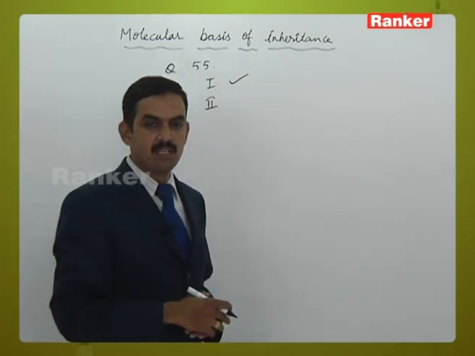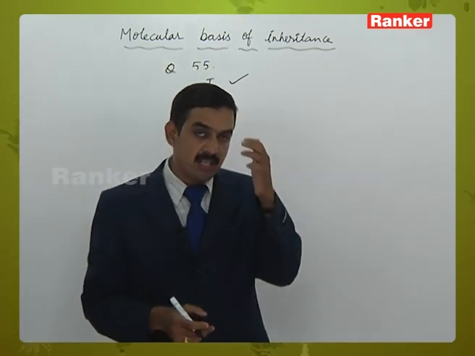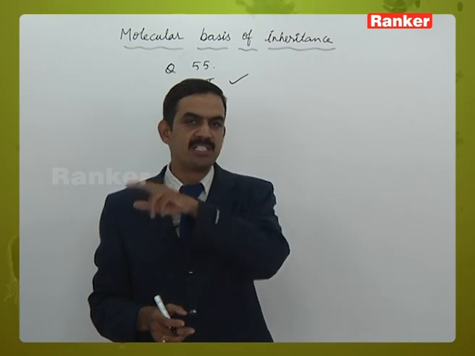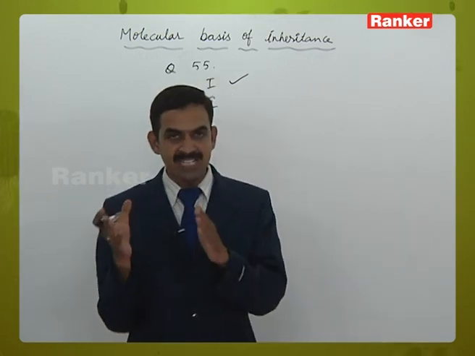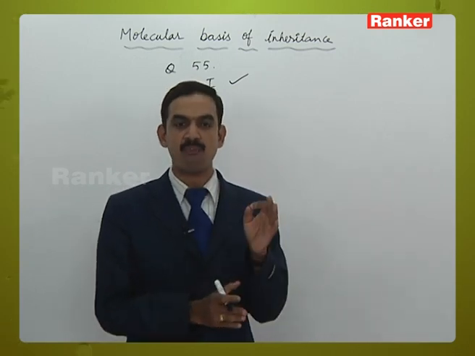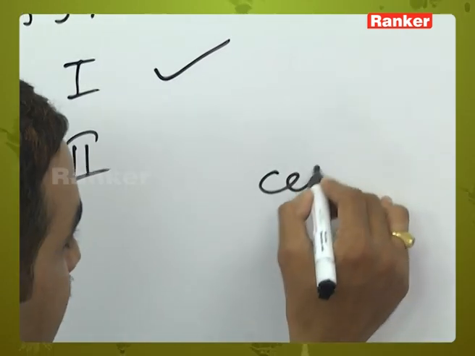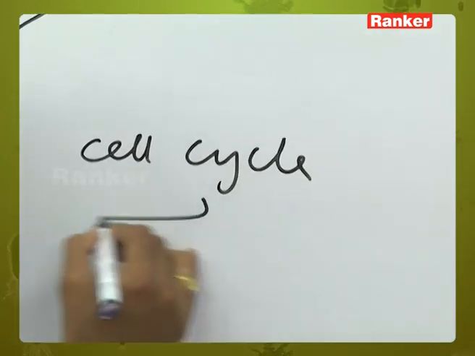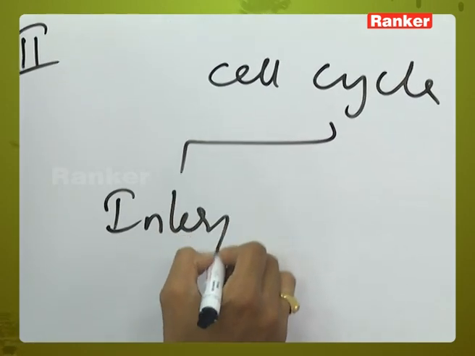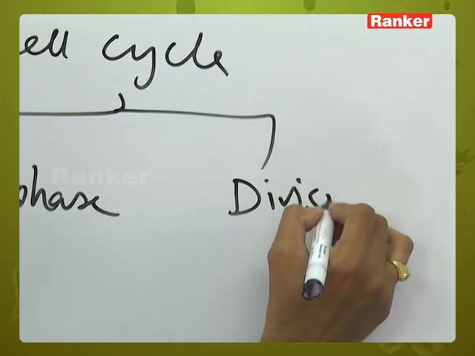Then the second one: DNA replication occurs prior to chromosomal division. Yes, the chromosomal division takes place during the division phase. Before the division phase, the interphase will be there, and in that interphase, during the S phase, DNA replication takes place. If you take the cell cycle, interphase is present and the division phase is present.